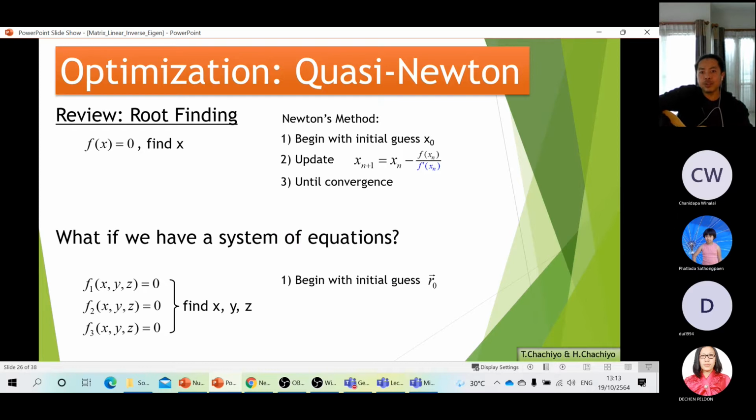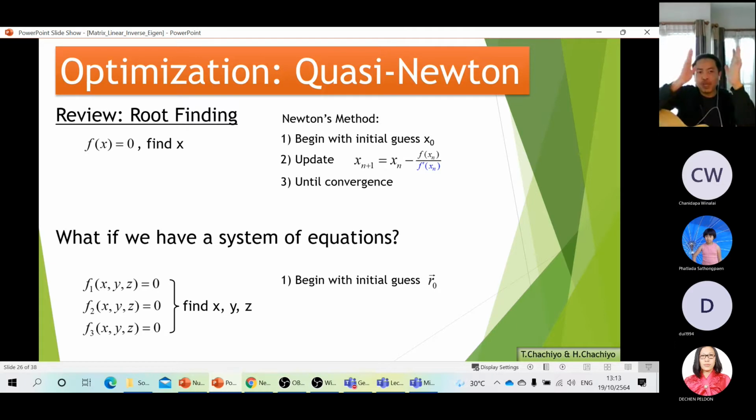We begin with the same concept, okay? But now, instead of having just one variable, like in the previous case, only x, now we think of this unknown as being a vector. So you have a bunch of values, x, y, and z.